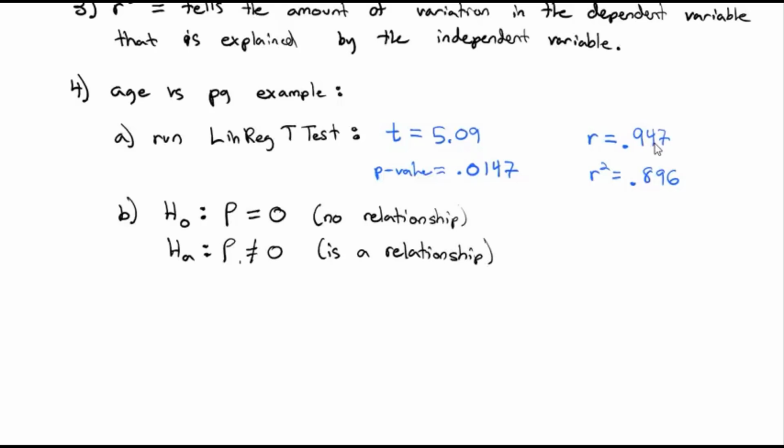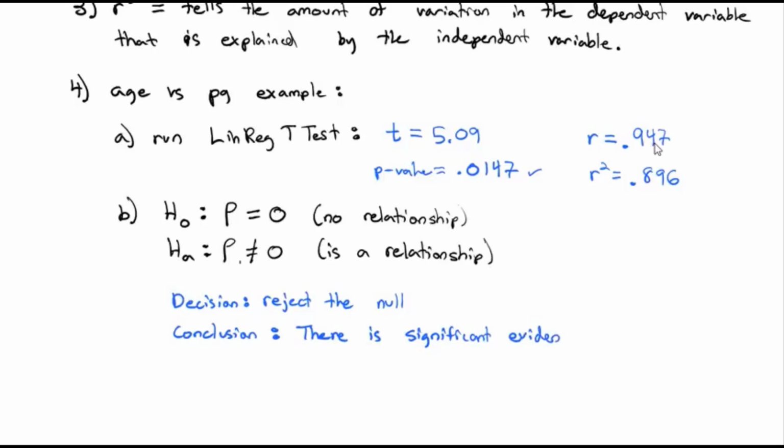And we can see in our case, we're going to make a decision, because the p-value is less than 0.05, to reject the null and make a conclusion that there is significant evidence to conclude the alternative hypothesis, which says there is a relationship.